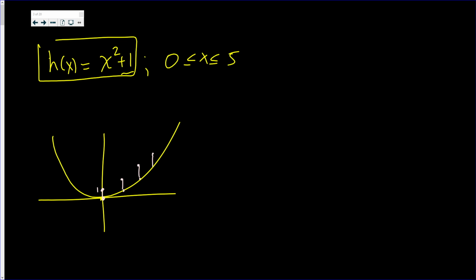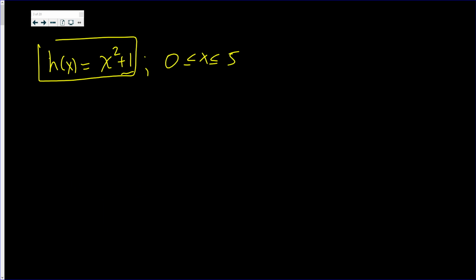Each and every point goes up 1 from the x squared graph. So it looks like that, and I meant to cross here. Okay. So let us graph this, just that alone.